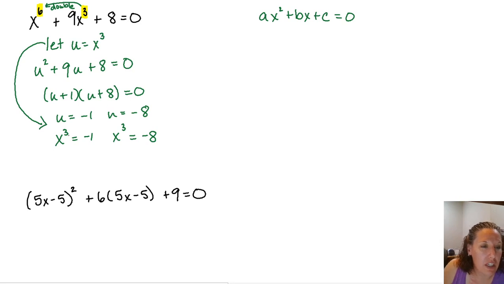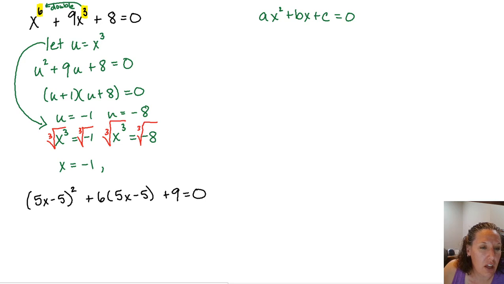And then we can take the cube root of both sides. Remember, when we take a cube root, we don't have to worry about plus or minus. We only have to worry about the plus or minus if we are taking an even root. And so the cube root of x cubed is going to be x, and the cube root of -1 is -1, because -1 times itself times itself gives us -1.